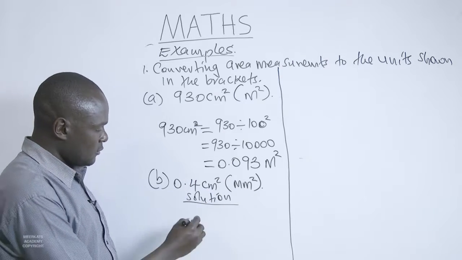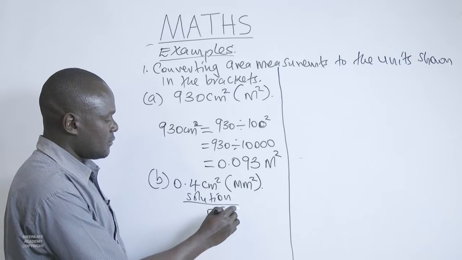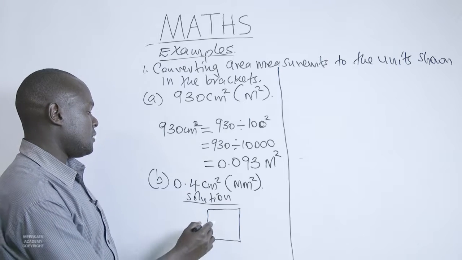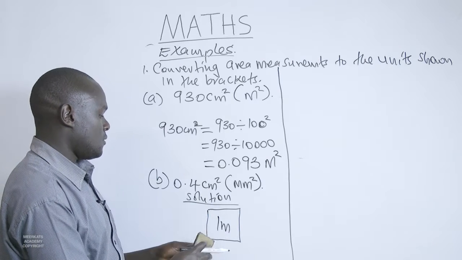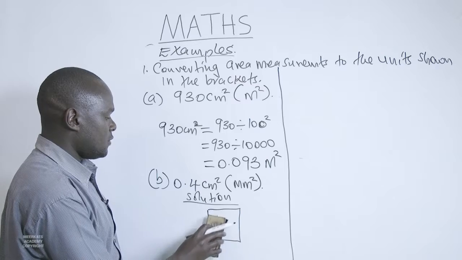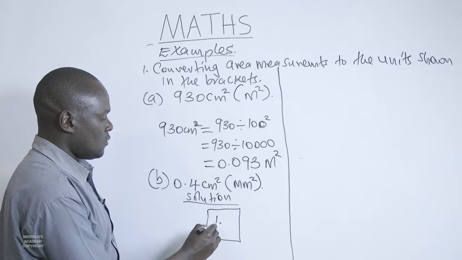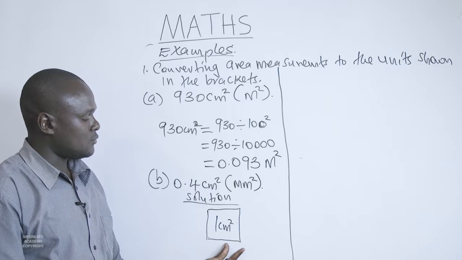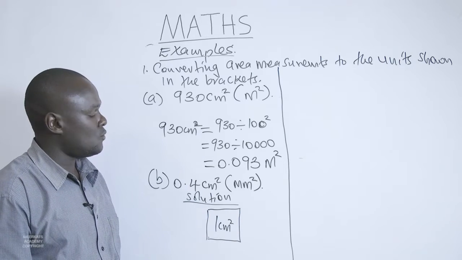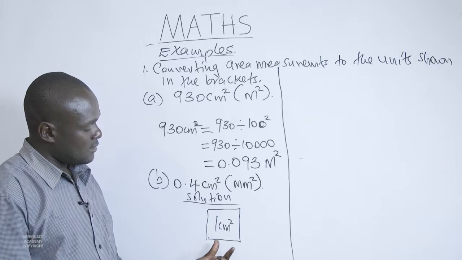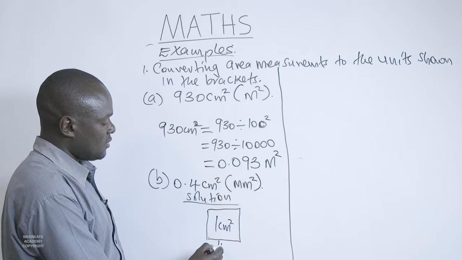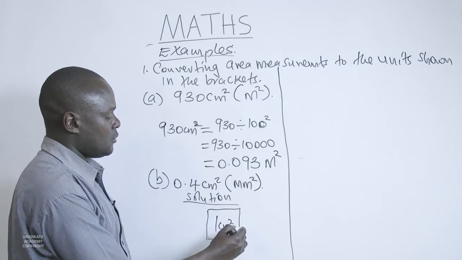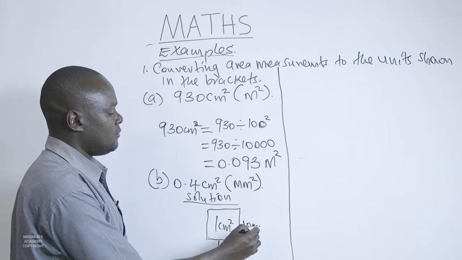So we start by looking at an area like this one here, and we say that this area is 1 square centimeter. This means the length is 1 centimeter, the width is also 1 centimeter, and that length can be expressed in millimeters, which is 10 millimeters, and the width will also be 10 millimeters.